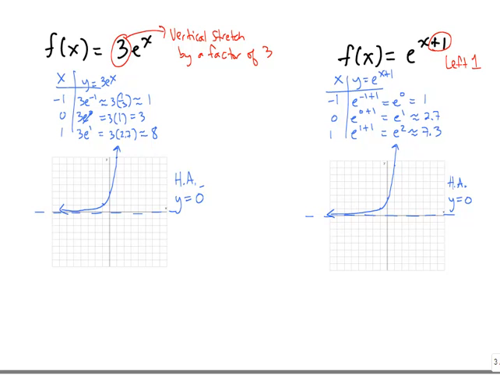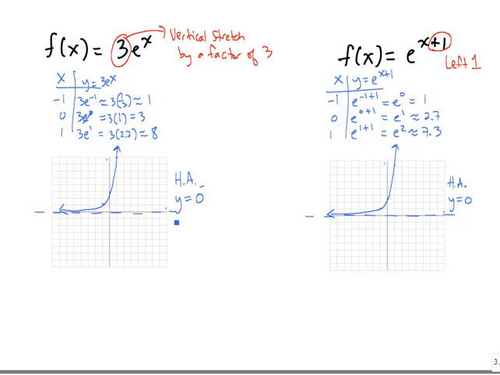Okay? So whenever you're graphing an exponential function, whatever the base is, it's always sufficient to make a table using x's negative 1, 0, and 1. Plug those in, find out what your y values are, and plot. If you can predict in advance what your horizontal asymptote is and draw that in, that's always a good thing.